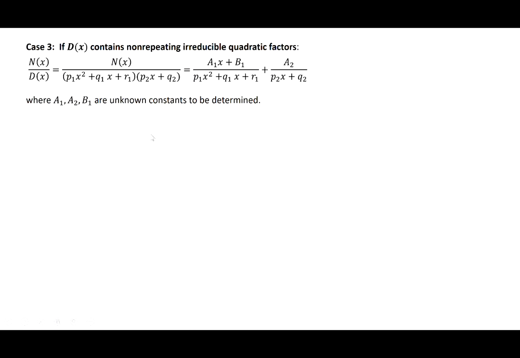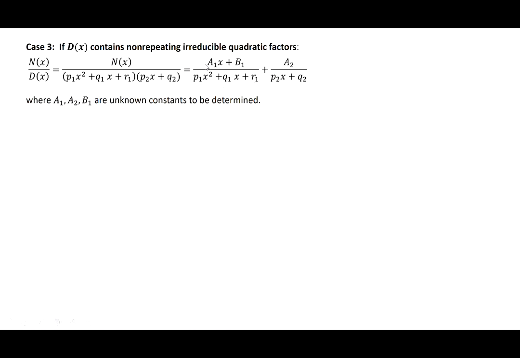I'm saying, suppose you were to have a situation like this. Let's say p1x squared plus q1x plus r1 happens to be an irreducible quadratic. How do you account for that? You will say a1x plus b1 on the top over that irreducible quadratic polynomial.